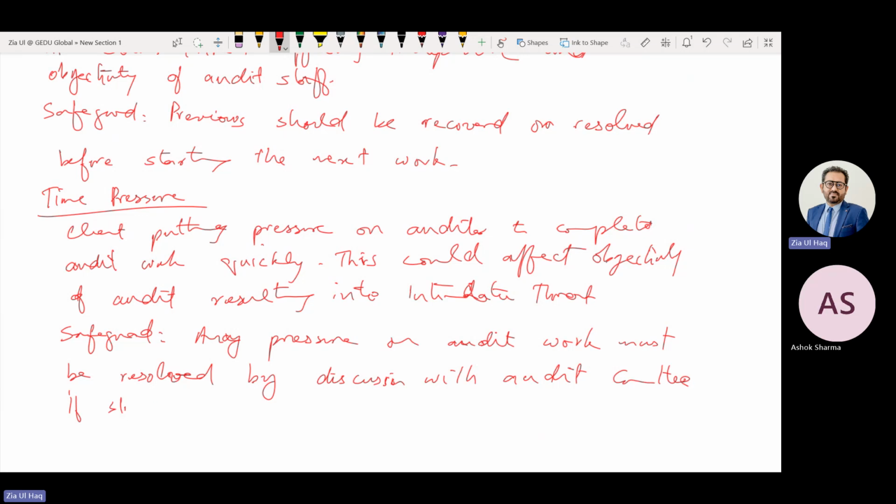If still unresolved, consider withdrawing from the engagement. I mean, we should not work under pressure. If there is any pressure, we should resolve by discussion with audit committee. If still unresolved, we should withdraw from the engagement.